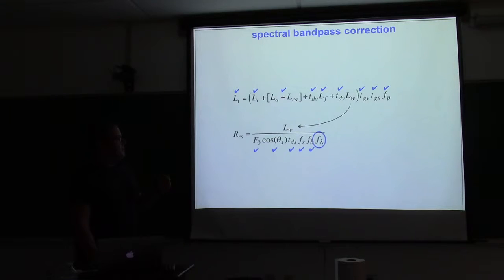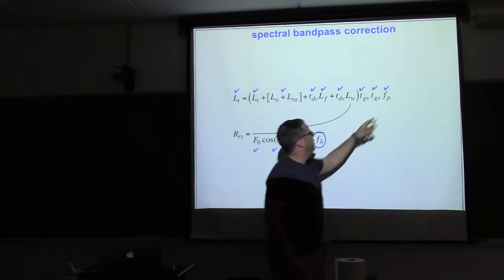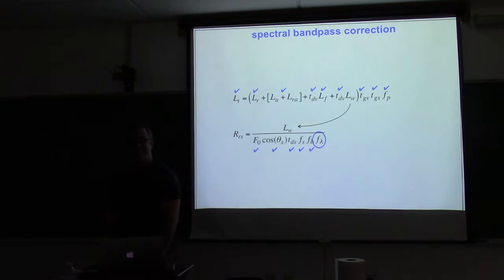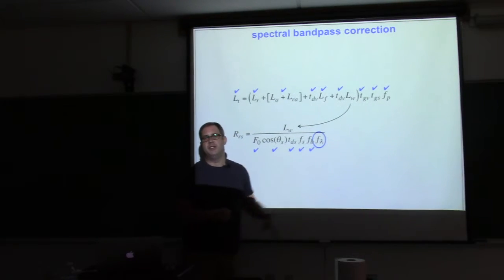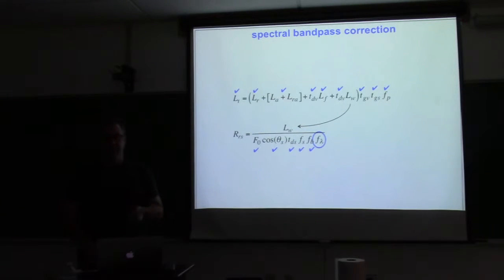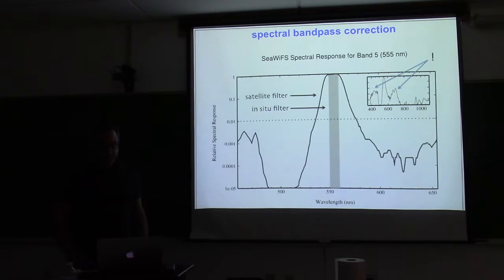All right, so the last correction term is kind of like a polarization term. If you do a really, really good job in the lab ahead of time and you're really well thought out, you can avoid it. MOBY doesn't really need this correction. SeaWiFS does. This is a correction for spectral band passes. An instrument like SeaWiFS is a filter radiometer, which means to get a signal at, say, 443 nanometers, you put a filter on the front so that the light passing through to the detector really is just 443 nanometers.